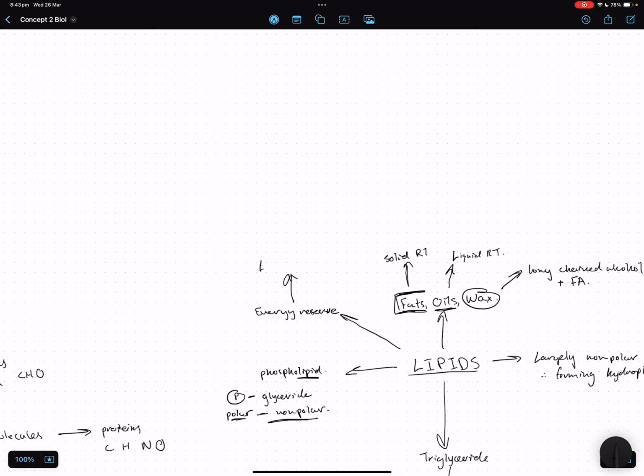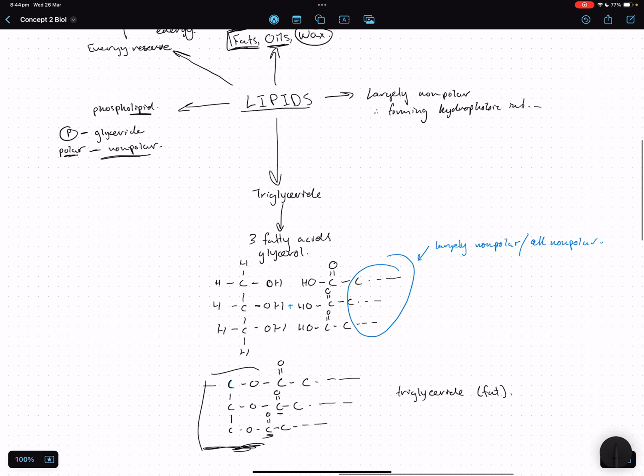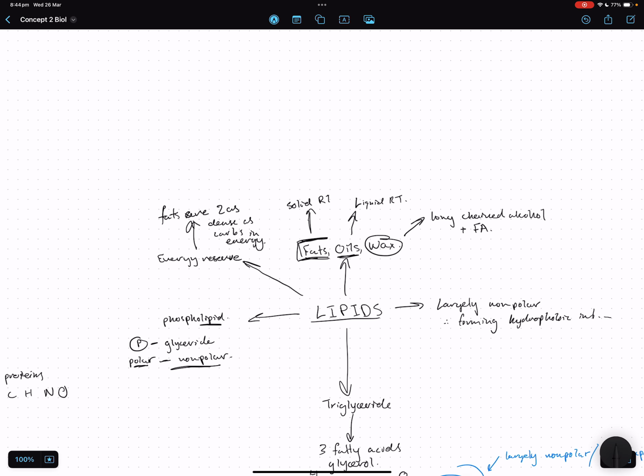Fats are twice as dense as carbs in energy. So basically for every fat unit, it's twice as much energy as carbohydrates. There are more carbons basically, but it's about them being more energy dense.